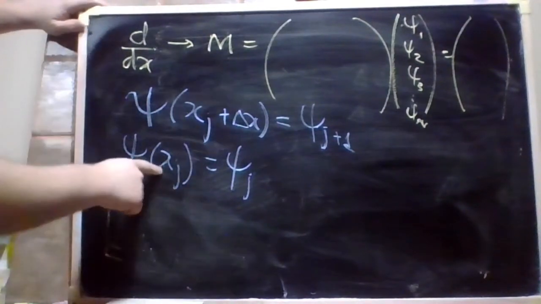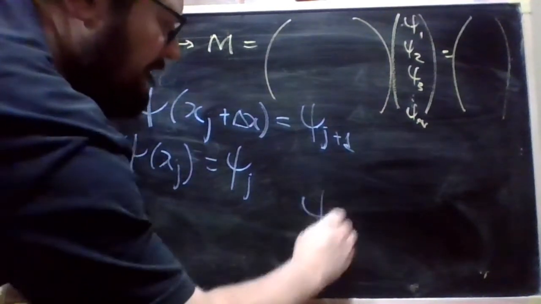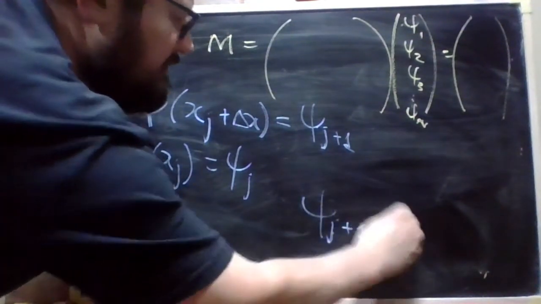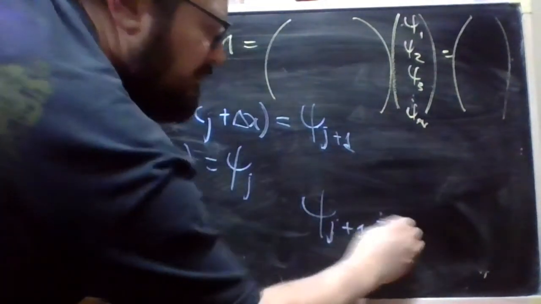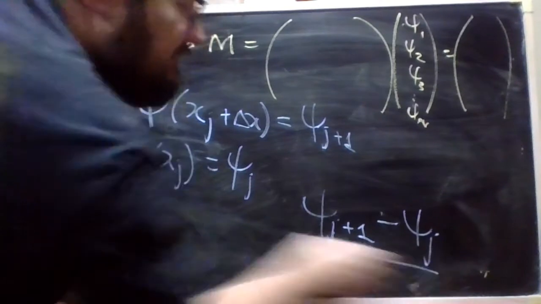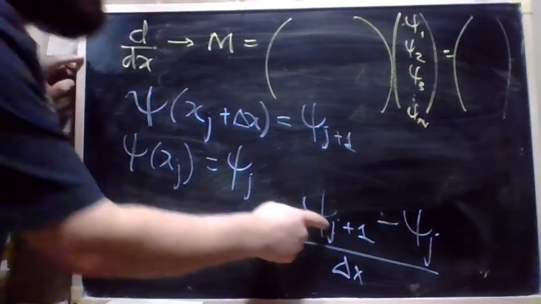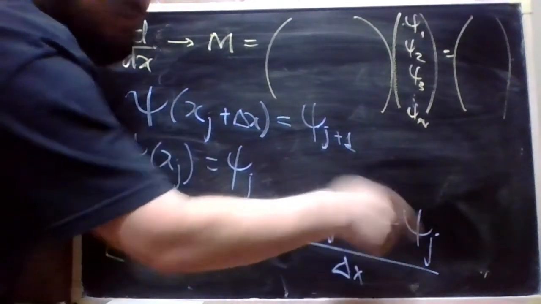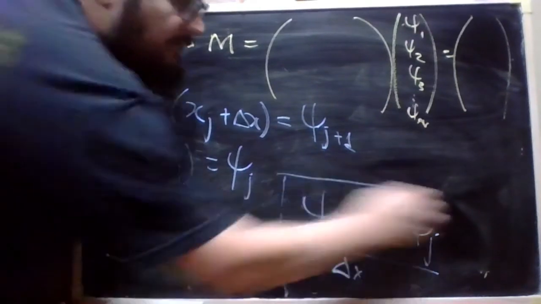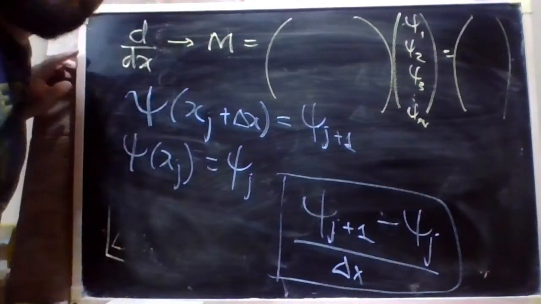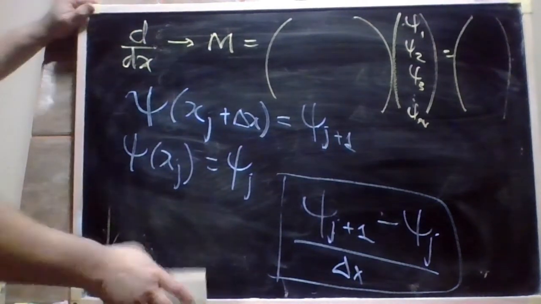The derivative at this particular point, I need to pick the next value of the function at the next point, subtract the previous one, and divide it by delta x. And for each j, I need to repeat this kind of calculation. This is some kind of computation of the derivative, all right? So it's a computation of the derivative.